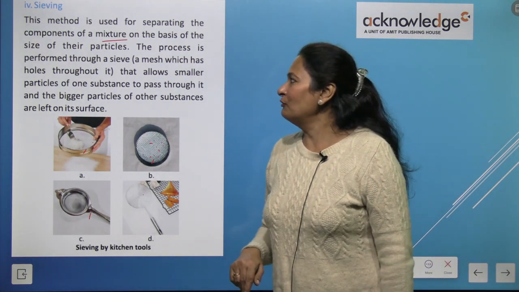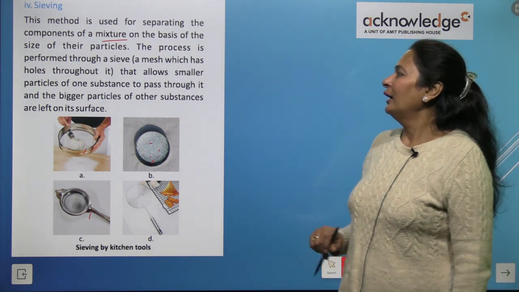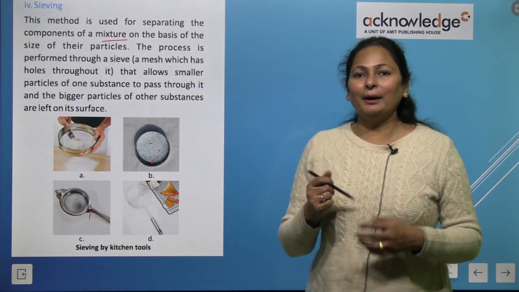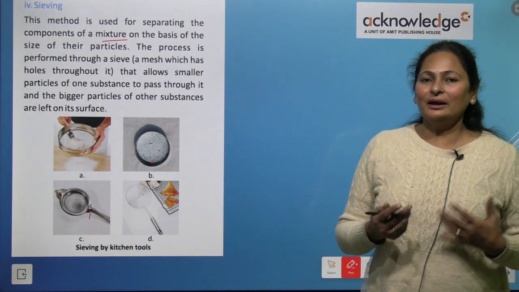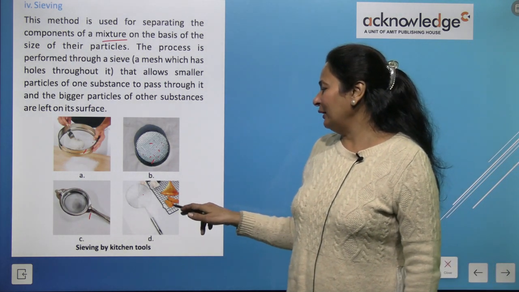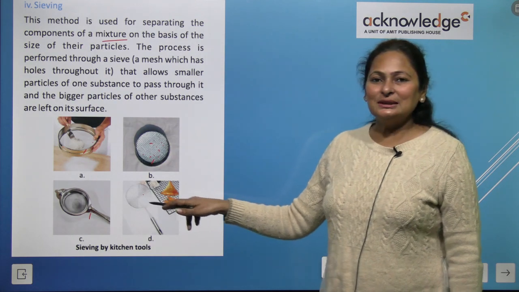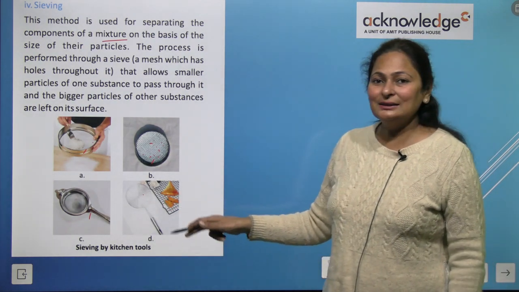The process is performed through a sieve, a mesh which has holes that allow smaller particles of the substance to pass through, and what happens? The bigger particles are left on the sieve, right? We use this kind of sieve while frying things, like samosas.